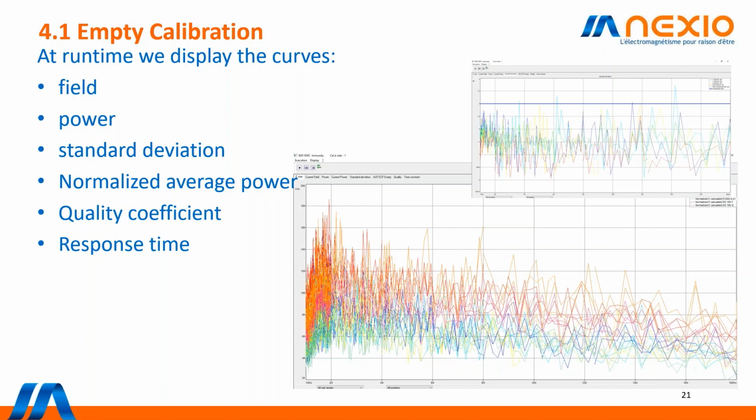And during this course, we could also read the field, correct? We could read the field, but it will be just for information, because we do not regulate on the field. Understood. Okay.